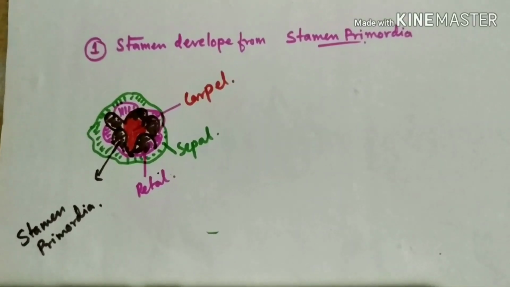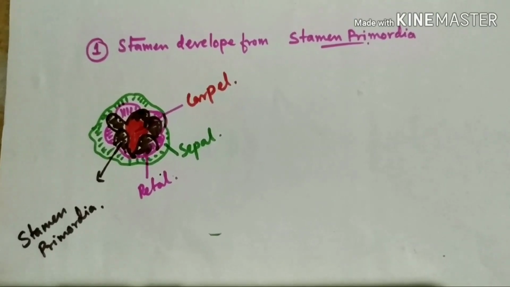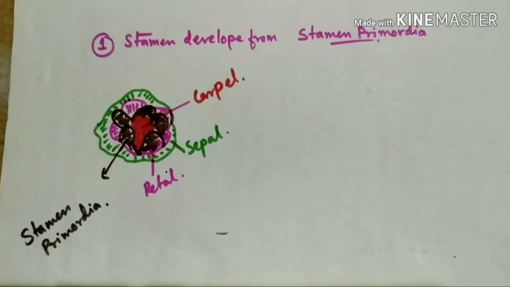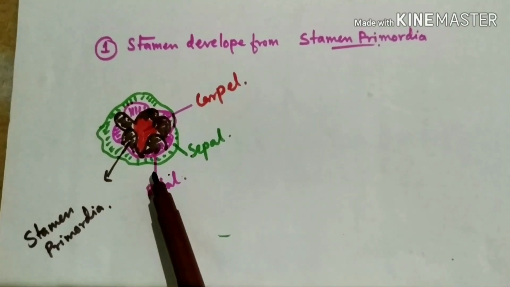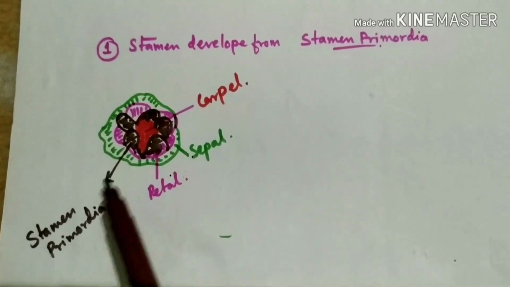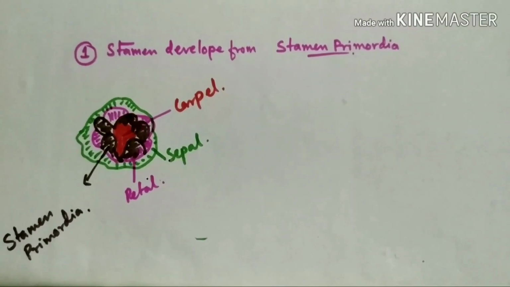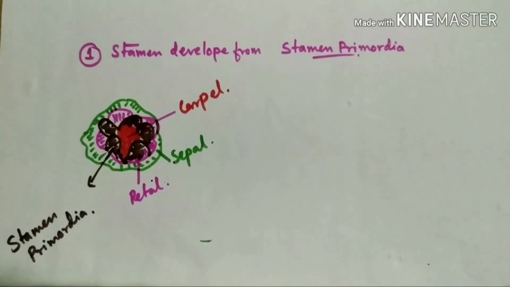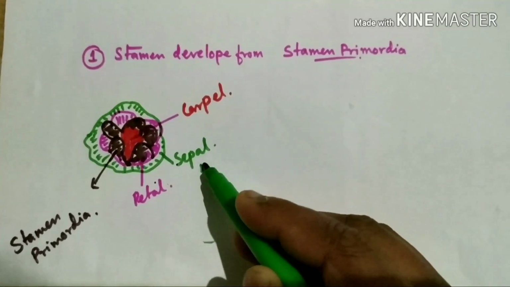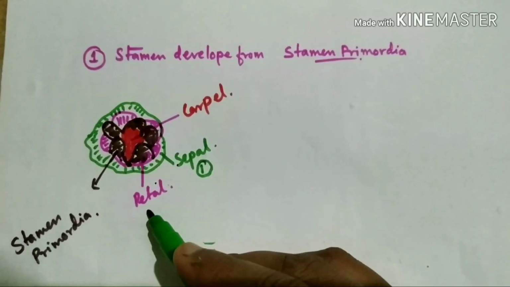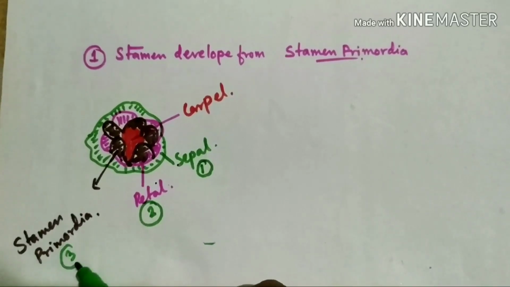Stamen primordia always originate from the third whorl. This is first sepal, then petal, and then third number stamen primordia. So from outside of a floral meristem, in the first whorl sepal is present, in the second whorl petal is present, and in the third, stamen.